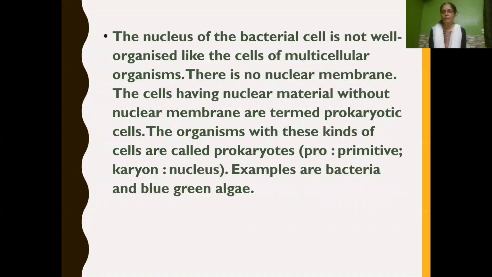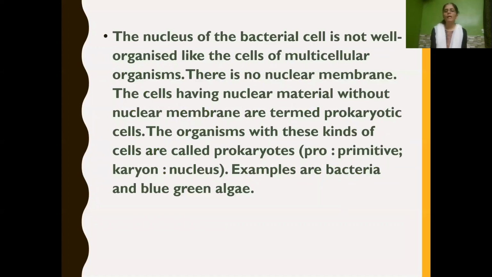Cells having nuclear material without a nuclear membrane are termed prokaryotic cells. That is, the cell has this chromatin material, but without a nuclear membrane, and the organisms which have these prokaryotic cells are called prokaryotes.